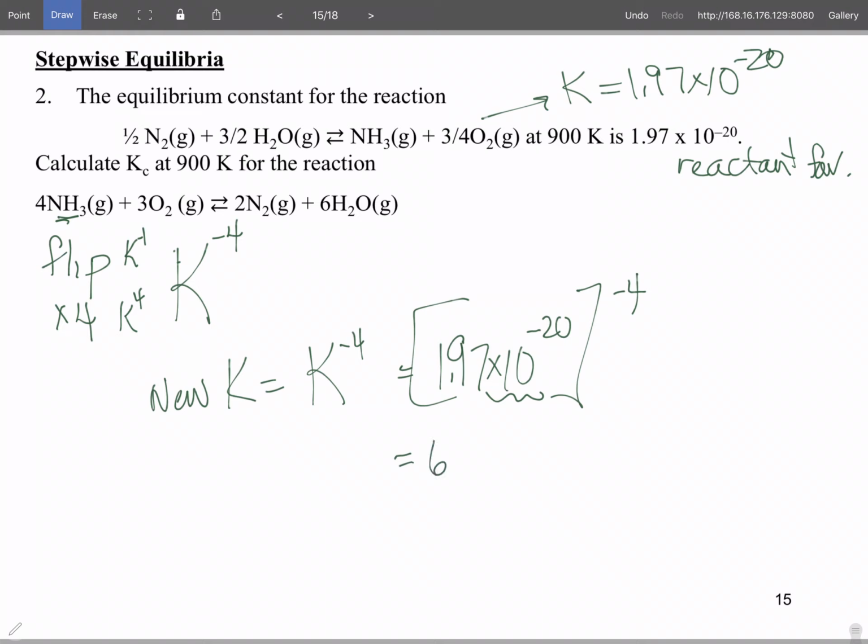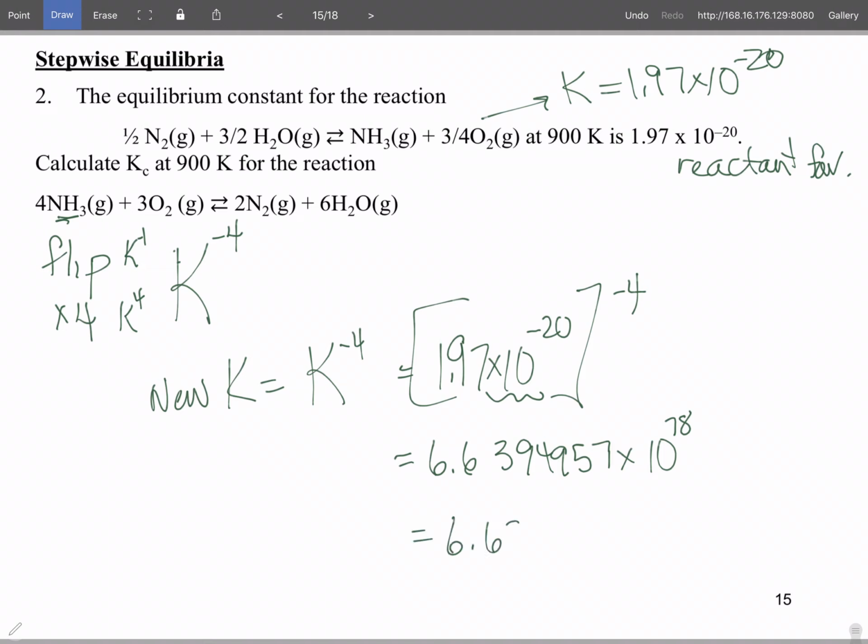And your new K is 6.6394957 times 10 to the 78th. Wow. Which makes perfect sense because we flipped it. So if it was reactant favored initially, it is now product favored.